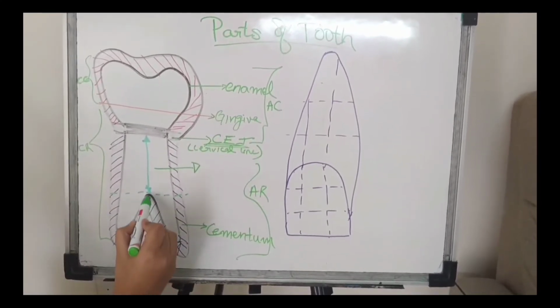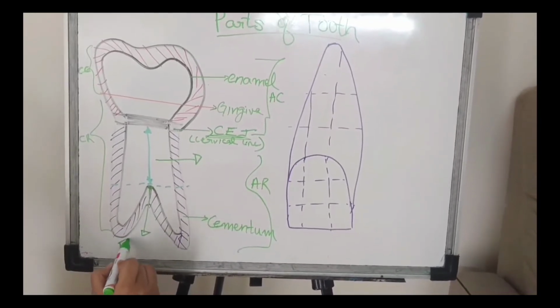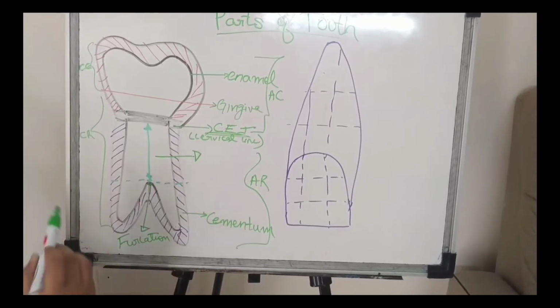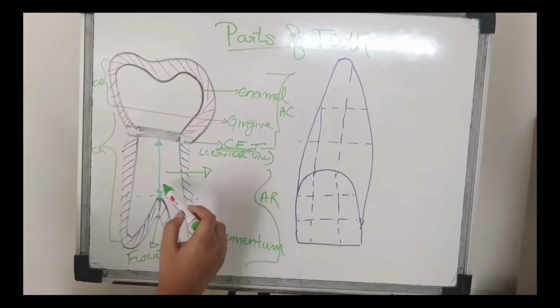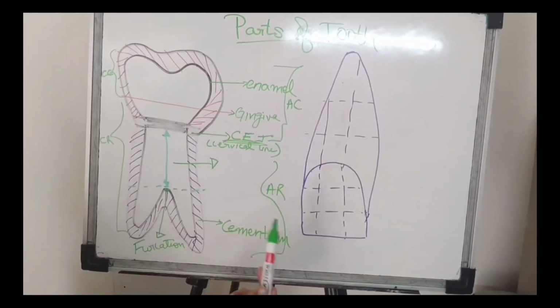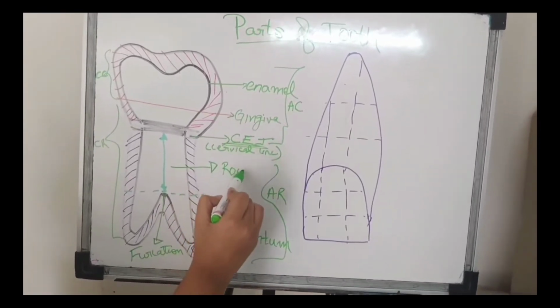Okay, now this point where the roots bifurcate is called the furcation. And the area between this cervical line and the furcation is called the root trunk.